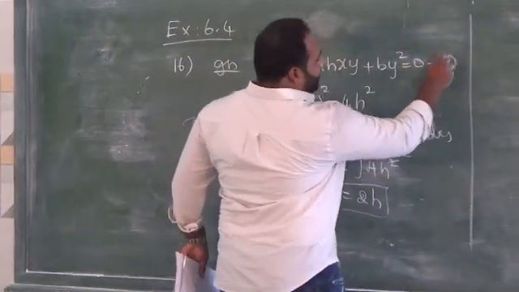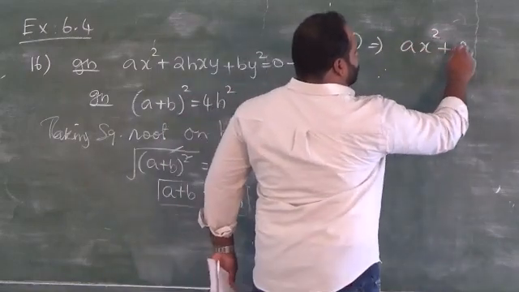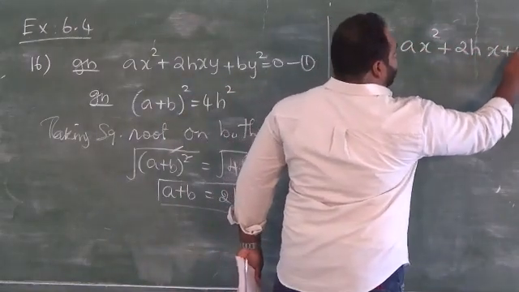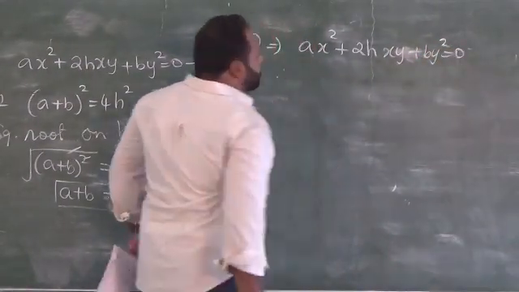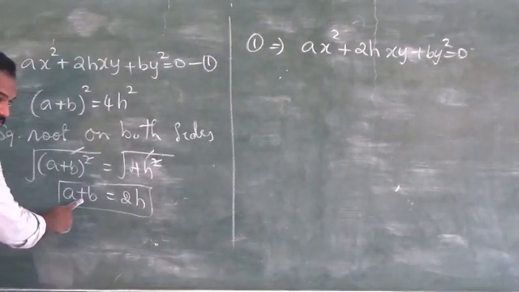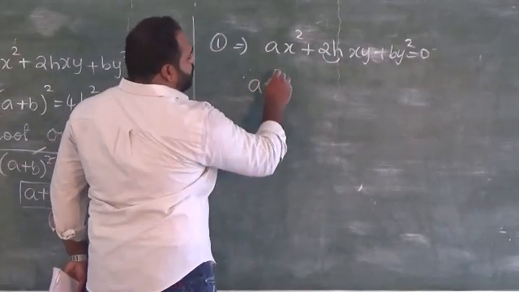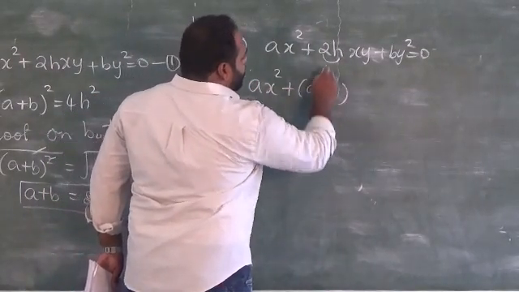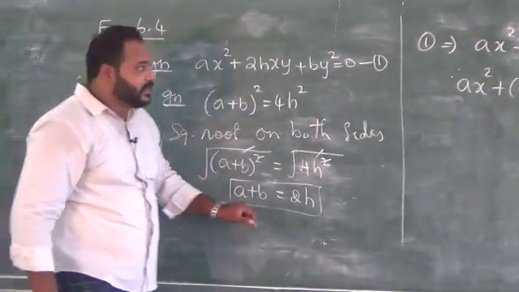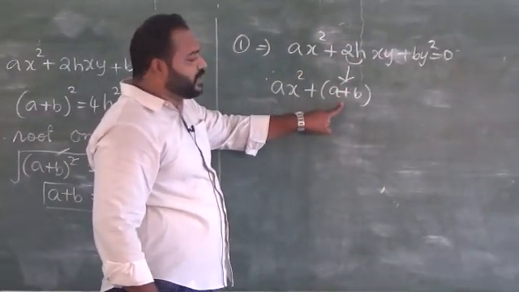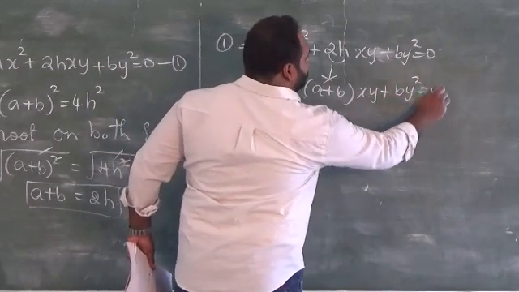So this I am going to take as 1: ax square plus 2hxy plus by square equal to 0. See here 2h equal to a plus b. So here instead of 2h I am going to write a plus b: ax square plus a plus b xy plus by square equal to 0.